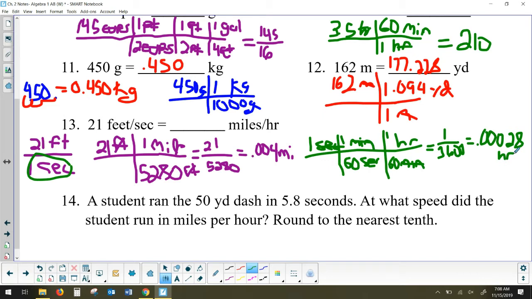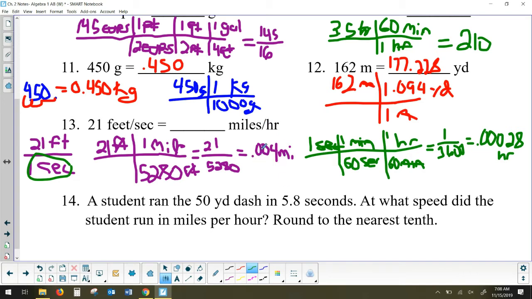Now, we want to go back, we want to get a rate. In order to get a rate, we know that we have to have something over something. Because right now, we just have 0.004 miles, 0.00028 hours. So we look back, we want to get miles per hour. Miles divided by hours.